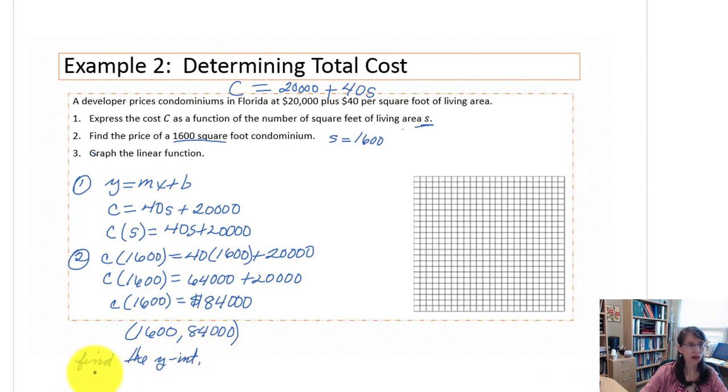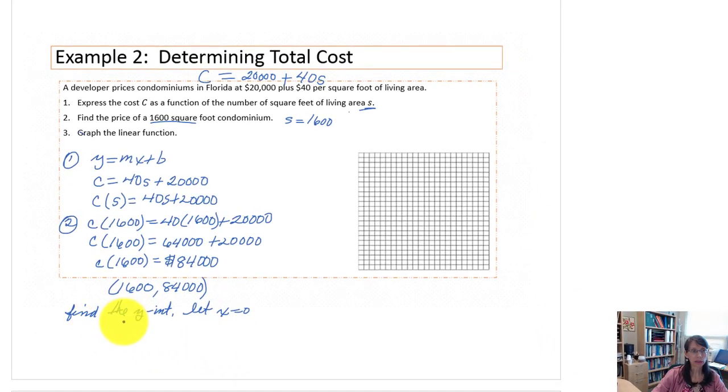So in order to find the y-intercept, we're going to let x equal 0. So in this case, x is really S for square footage. So C of 0 would be equal to 40 times 0 plus the 20,000.